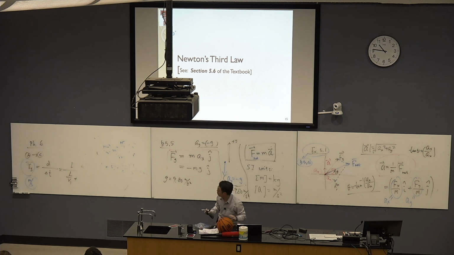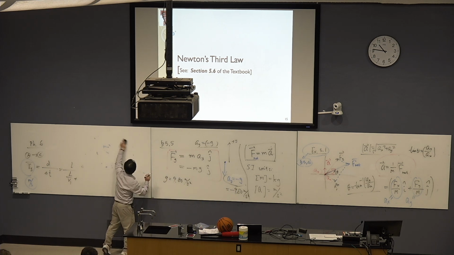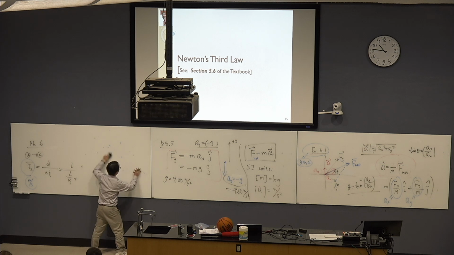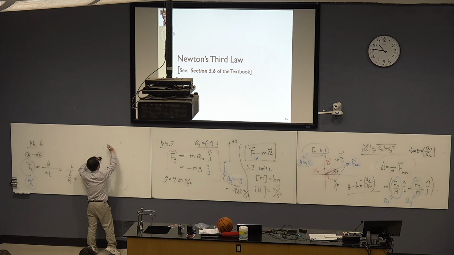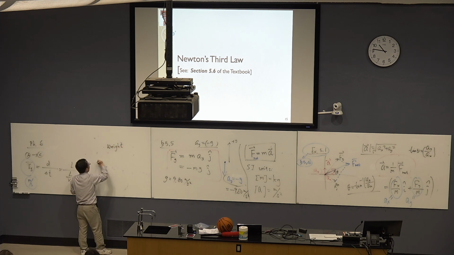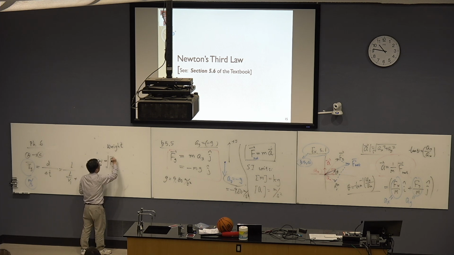So that's why I don't want to use that one. But now we have finished this section. This section is quite short. And very soon we'll move on to the next section, in the next lecture. But here I just want to draw your attention. What is weight? If you heard of a terminology called weight, let's call it W, equals the absolute value of the force vector. Okay?